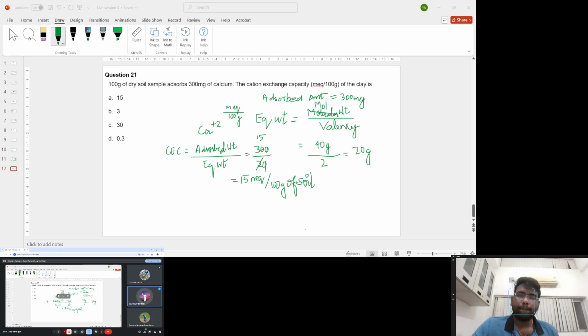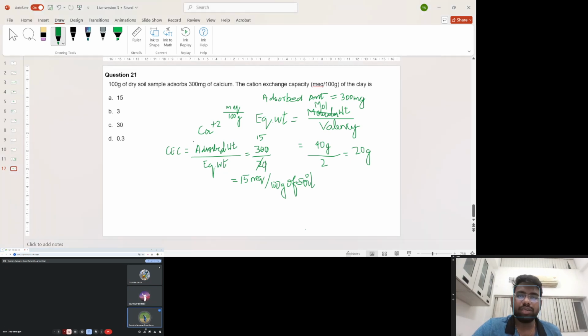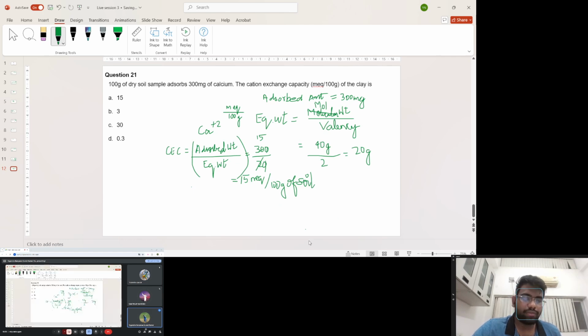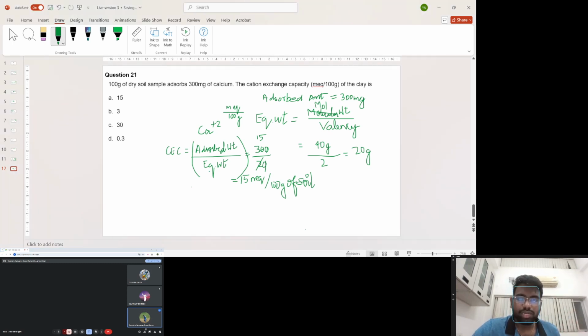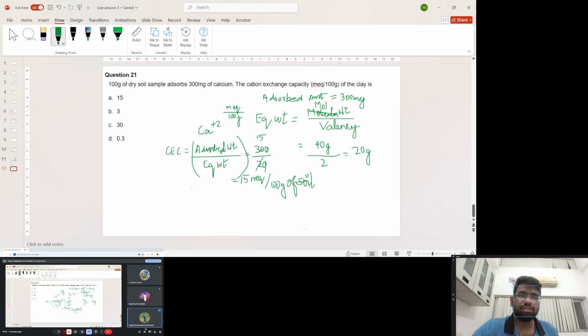Actually, CEC is defined by this quantity per 100 gram of the material. The adsorbed weight by equivalent weight gives you how many equivalents of ions are getting adsorbed. That is, per 100 gram, how much is getting adsorbed. That is what CEC is standardly defined as.